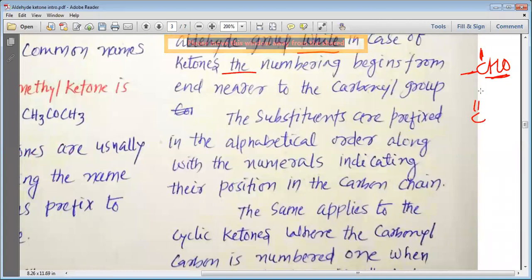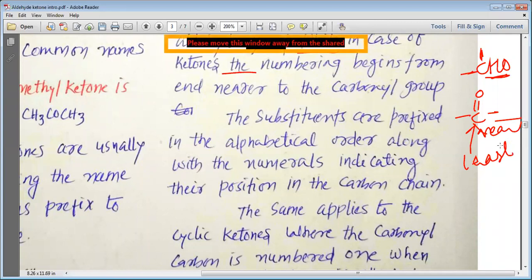But if we have a carbonyl group in ketones, we will have to start numbering from the nearby carbon. This carbon of the carbonyl group should get the least number. That is the rule we follow while numbering. The substituents are prefixed in alphabetical order.